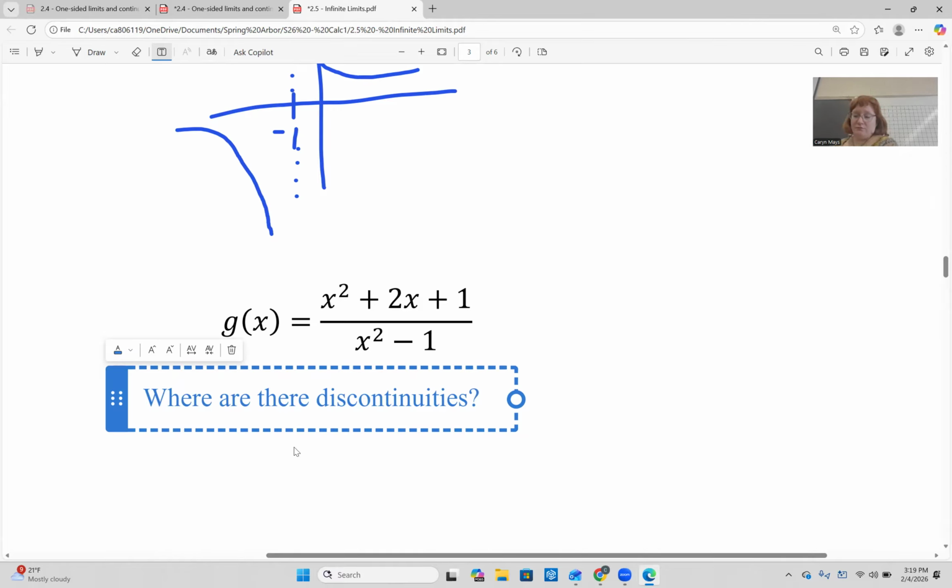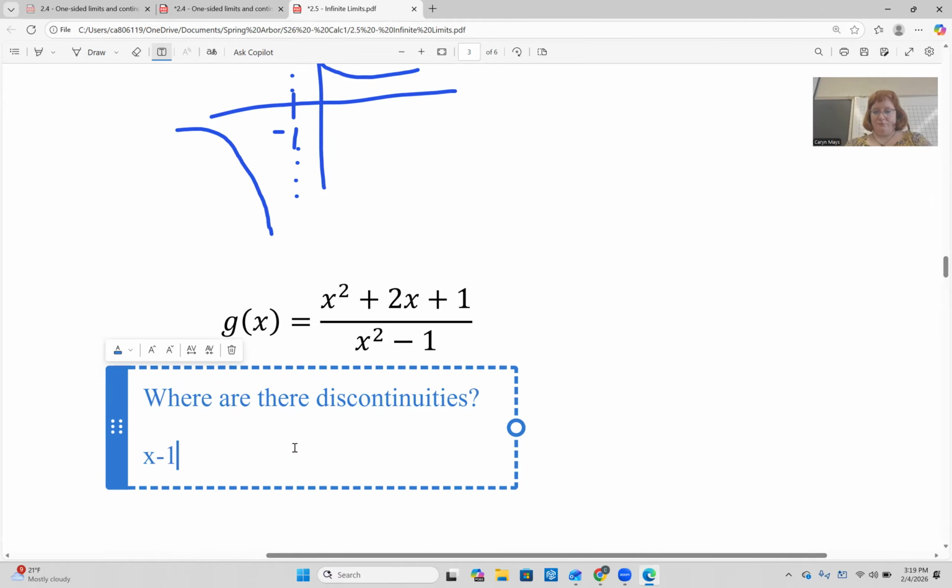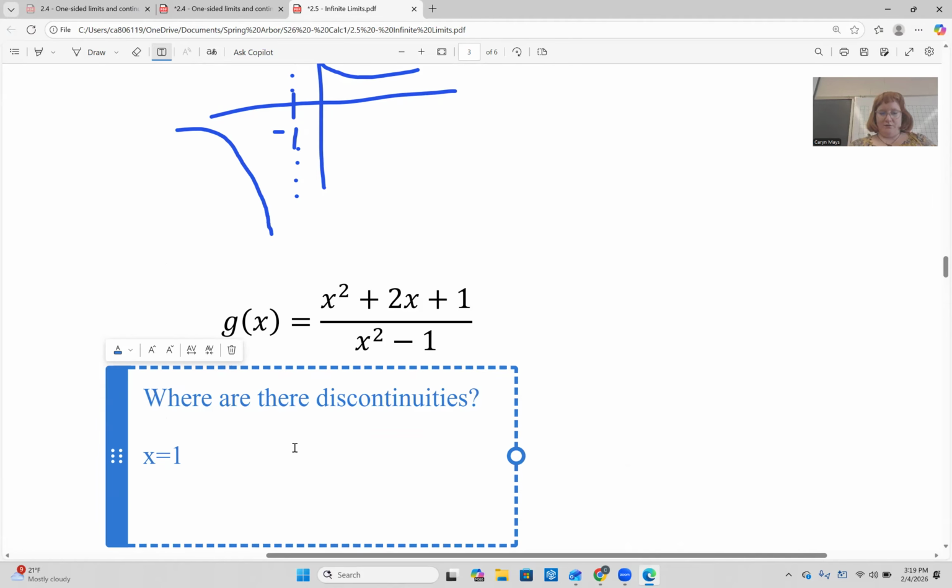I can't plug in 1, so there's going to be x equals 1. Anything else I can't plug into the denominator? I can't plug in -1 either, because -1 squared is 1, and 1 minus 1 is 0. So x equals 1 and x equals -1.